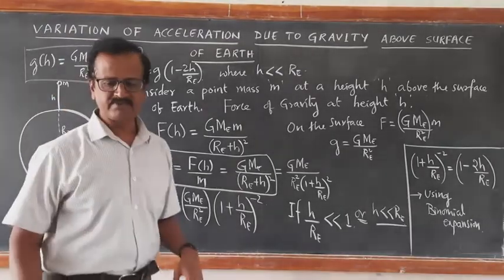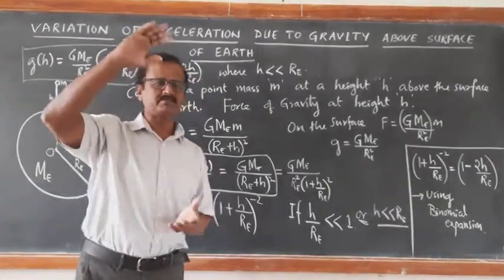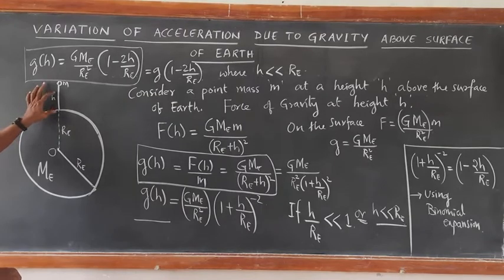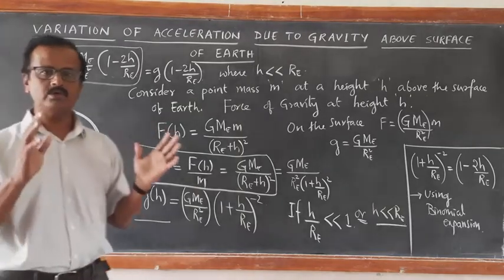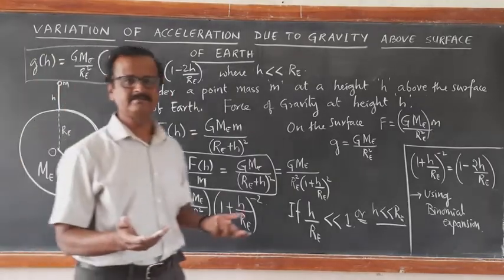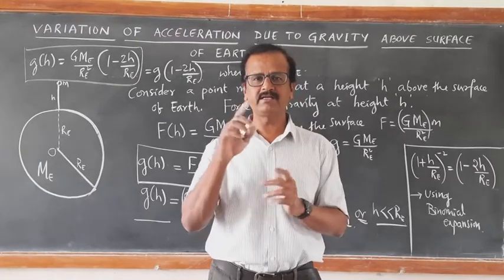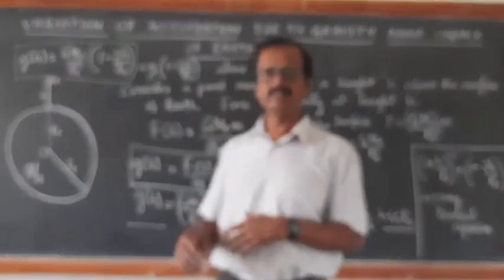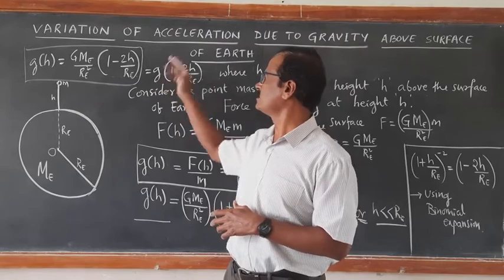From this discussion, it's quite clear that as we go to higher and higher altitudes above the surface of the Earth, the acceleration due to gravity goes on decreasing. Similarly, as we go below the surface of the Earth, the acceleration due to gravity also decreases by a factor g into bracket 1 minus d upon Re, whereas above the surface it decreases by a factor 1 minus 2h upon Re multiplied by g.